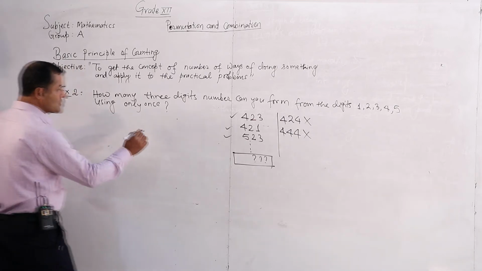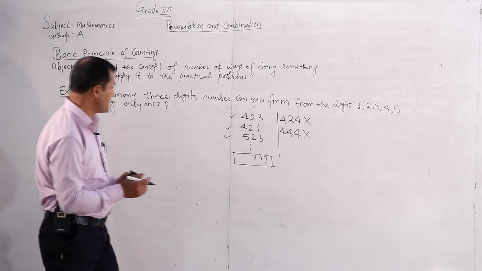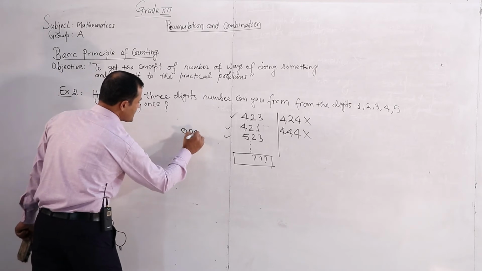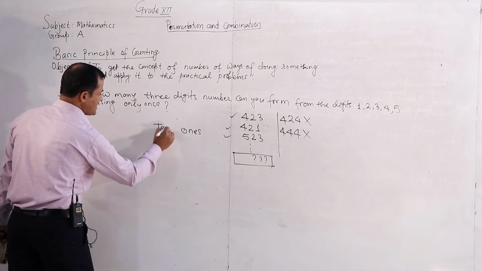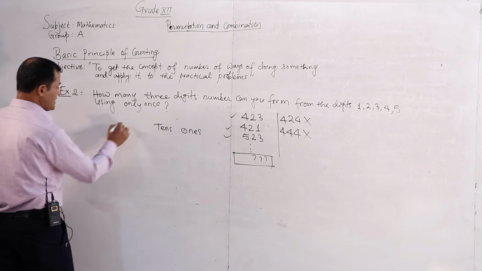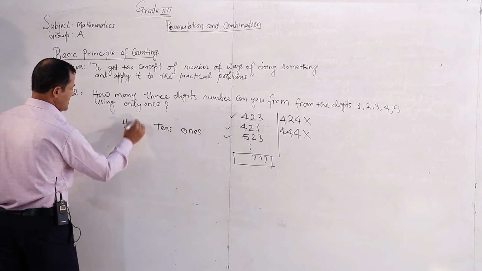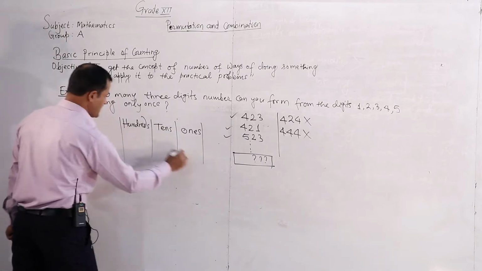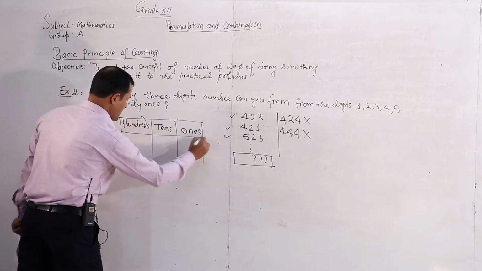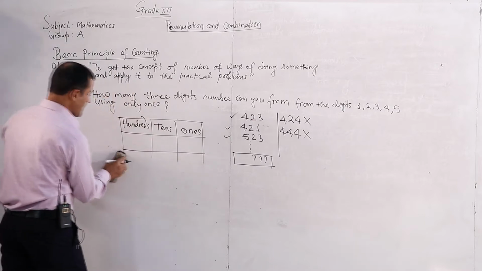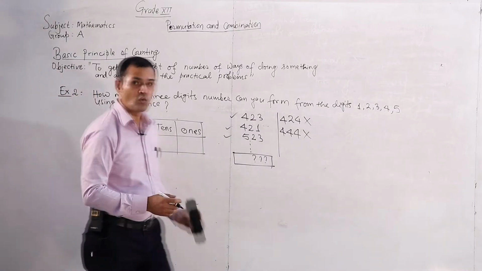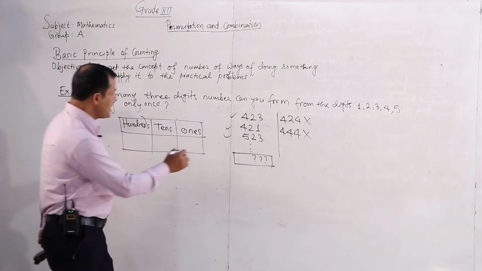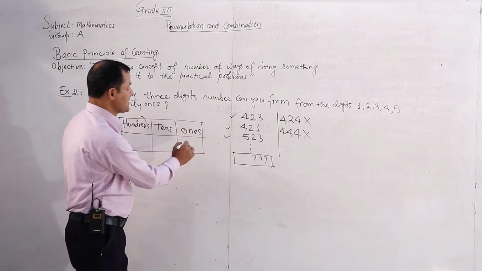To do this, we use the basic principle of counting. Let's go through the place value table: ones, tens, hundreds. Why are we taking this format? A 3-digit number has place values ones, tens and hundreds. Let's choose any one digit for the ones place.